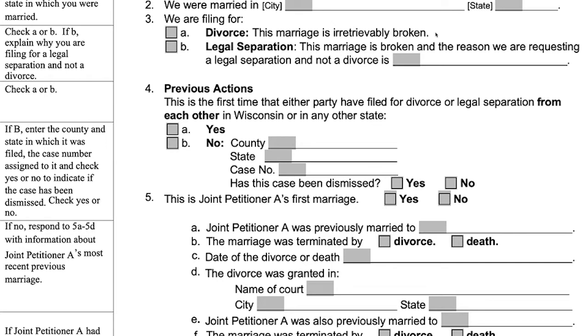As an example, the marriage isn't working out, but the 2 of you are still great friends, and one of you wants to be able to keep your spouse on your health insurance. Or possibly for religious purposes, you simply don't believe in divorce, but you don't want to live with that person anymore. So this is where you would ask for a legal separation.